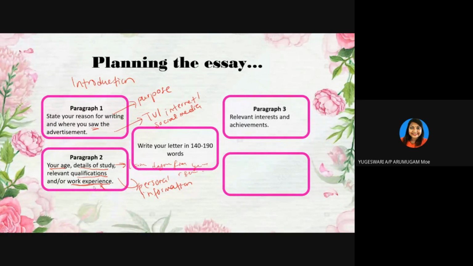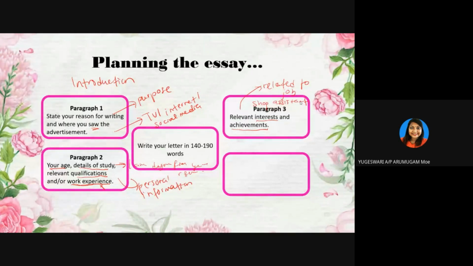Next, paragraph 3, relevant interest and achievement. When we talk about interest and achievement, you can basically say what you like, related to the job. Don't just say anything. This must always be related to your job. For example, we are applying as a shop assistant. When I say shop assistant, you need to be very friendly and show that you socialize.